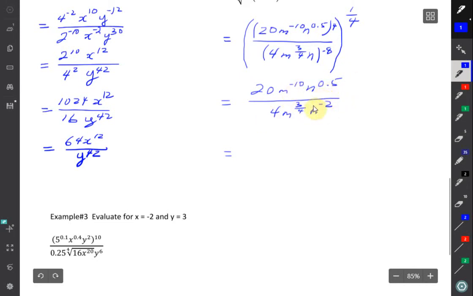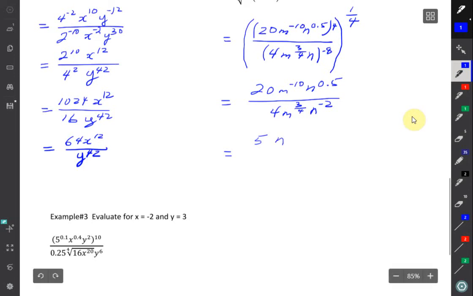If you choose decimals and make this 0.75, that's not wrong because this question already has a decimal inside of it. I'm going to choose to make this a fraction. 20 divided by 4 is 5. Then I see with the m's that 3/4 is bigger than minus 10, so that will end up being in the denominator. But 0.5 is larger than minus 2, so the n will end up being in the numerator.